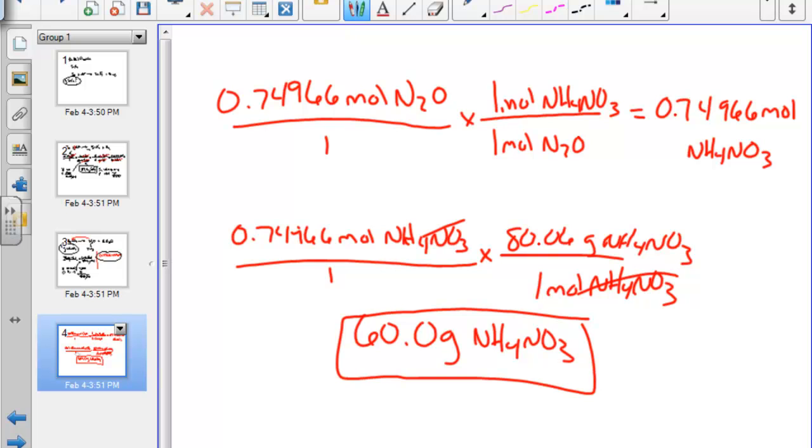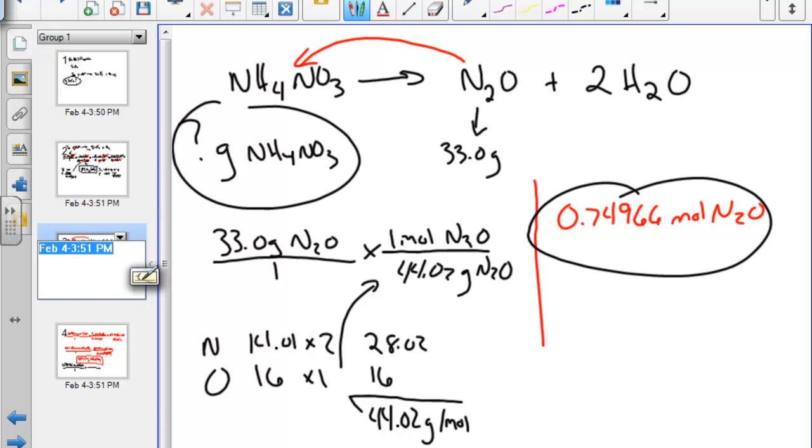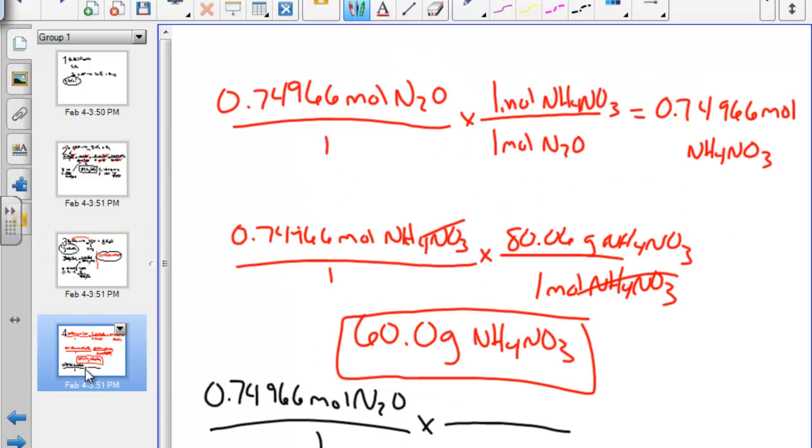So all we have to do is set up the ratio of that: 0.74966 moles N2O, ratio that to moles of water. Based on our balanced equation, it was a 1 to 2 ratio in this case. So 2 moles H2O for every 1 mole of N2O.